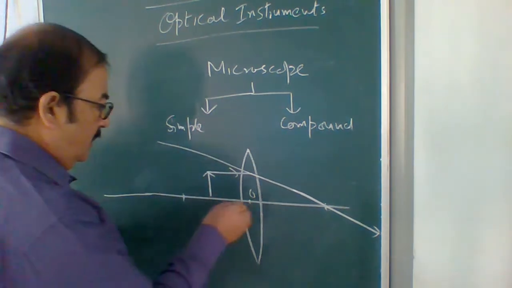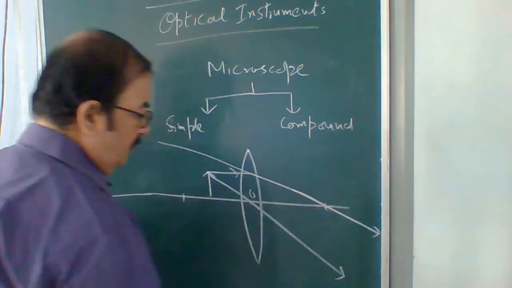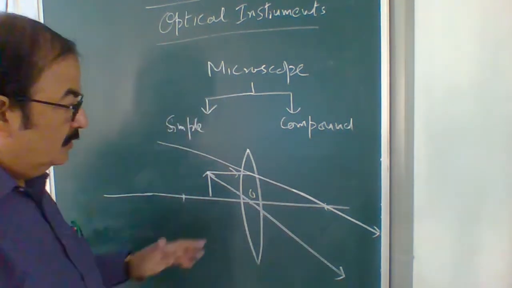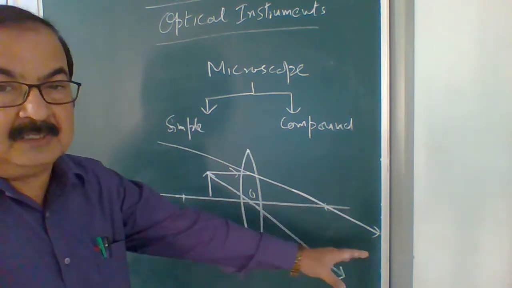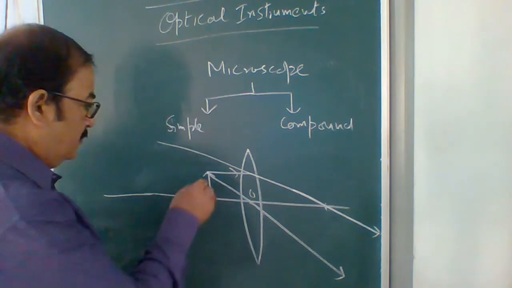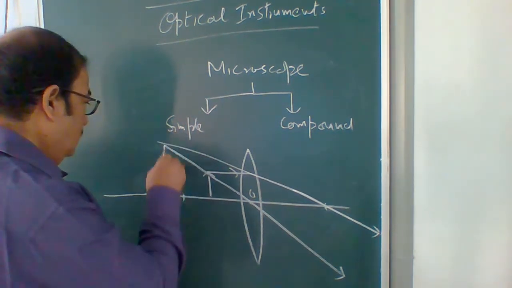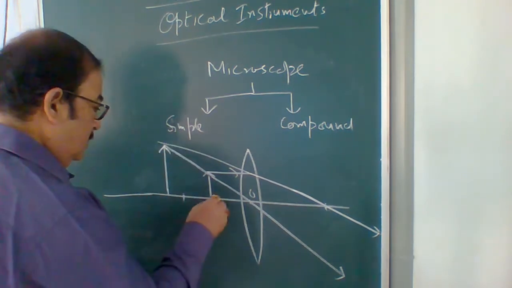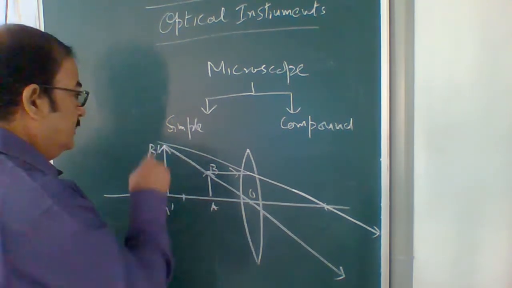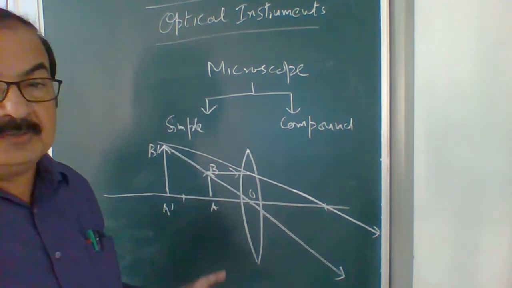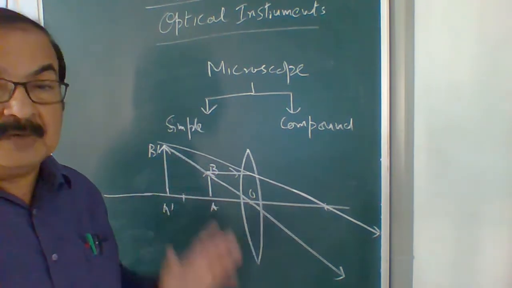Another ray is taken from the optical center. Remember, they are divergent. They never meet on this side. But if we produce them in the backward direction, then they can meet here, and we get another image, AB, A dash B dash. Here also you can see that the image obtained is enlarged, and that is a virtual image.